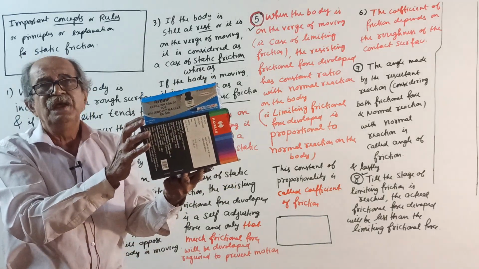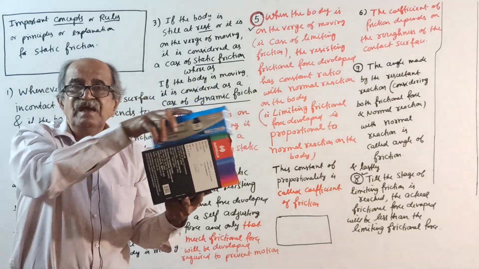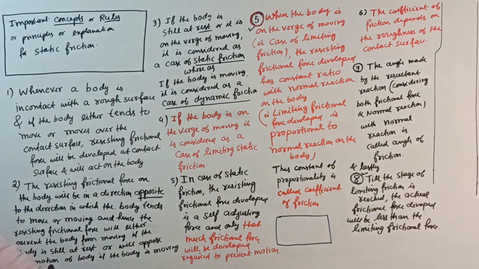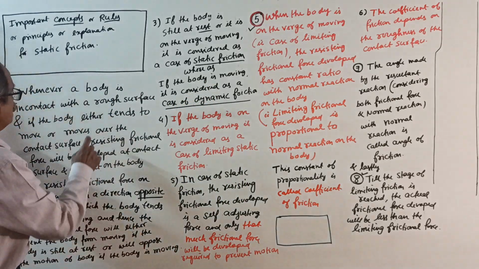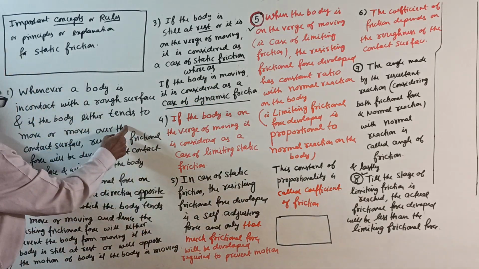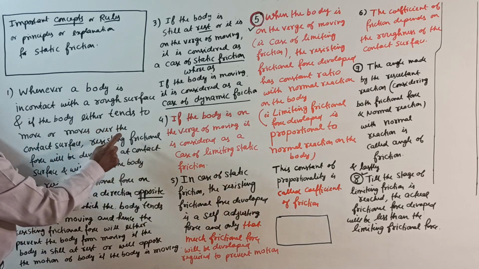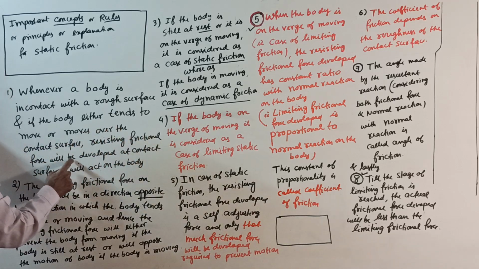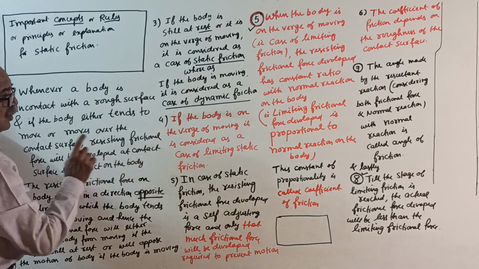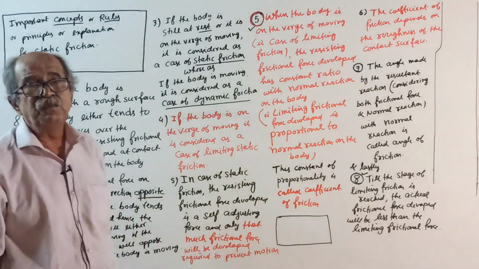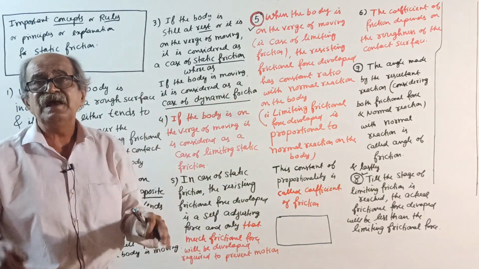It is not moving, but the tendency is there. Now it is moving. It tends to move or moves over the contact surface. A resisting frictional force will be developed at the contact surface and will act on the body under consideration.